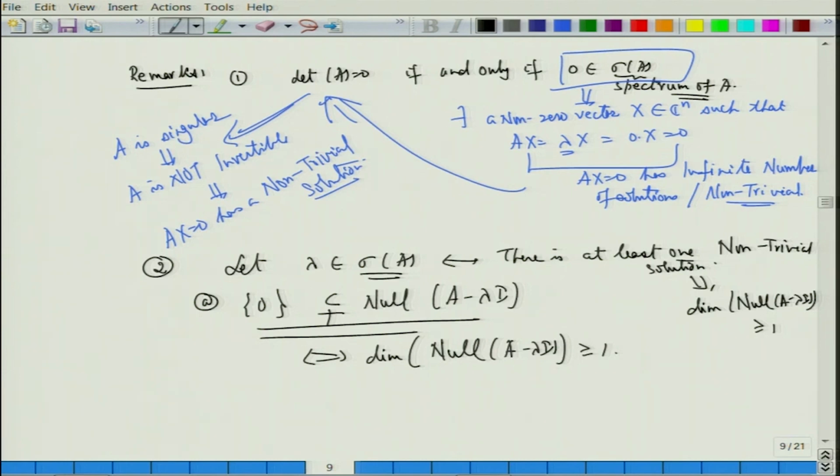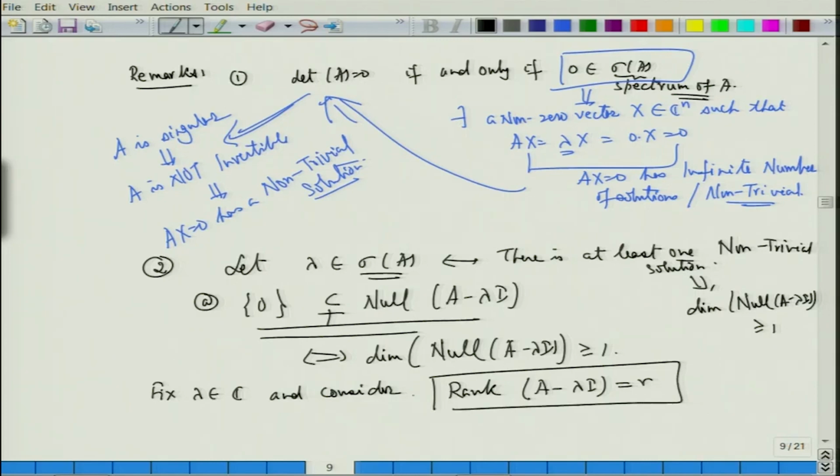So, fix lambda belonging to C and consider the rank of A minus lambda I. If the rank of this is r, then what can you say about the dimension of the null space of this?